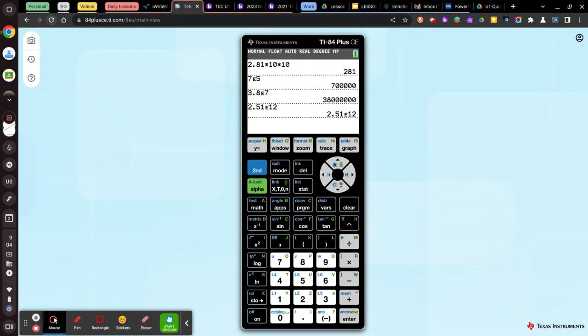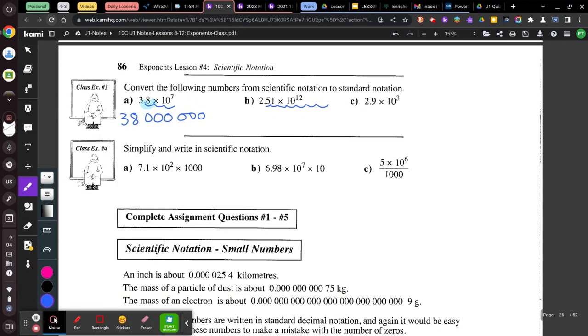So my actual answer for this, you have to understand how many places you're moving it. My answer would be 2, 5, 1, and 10 zeros. So 1, 2, 3, 1, 2, 3, 1, 2, 3. So millions, billions, trillions. So you'd have 2,510,000,000,000. That's what the number is. Okay.